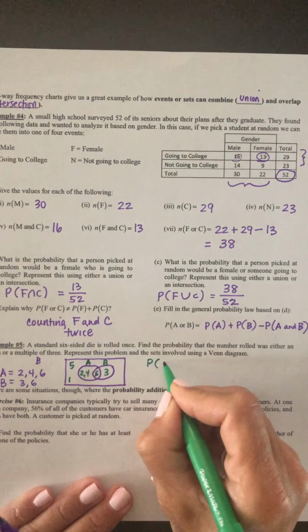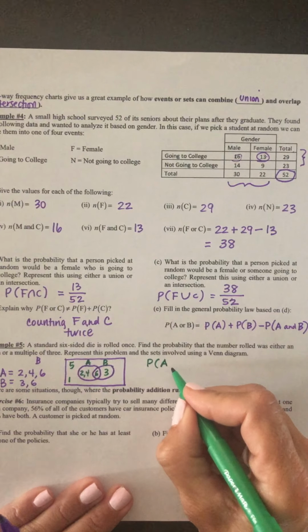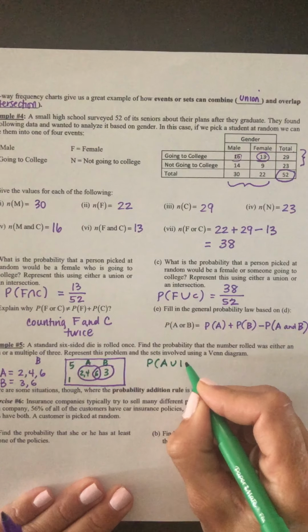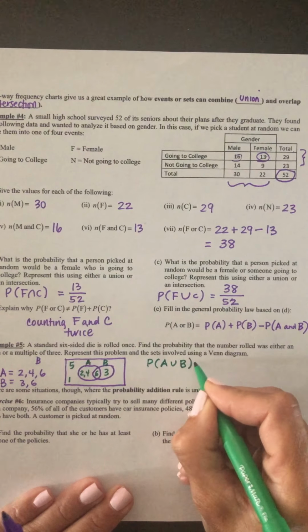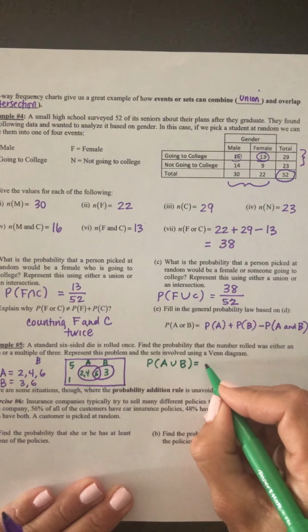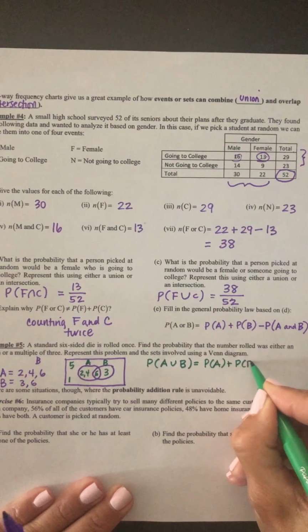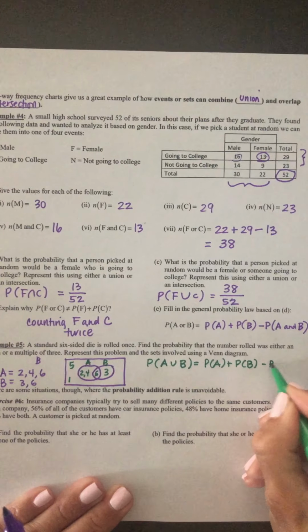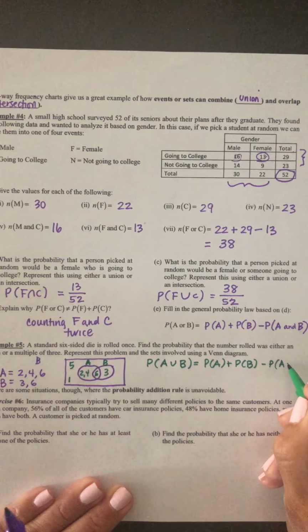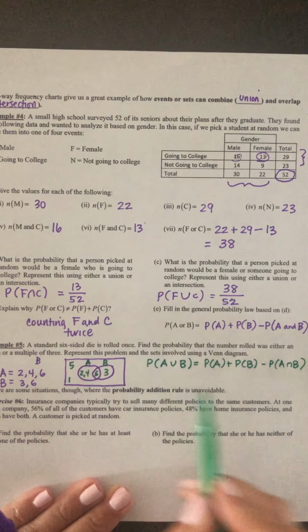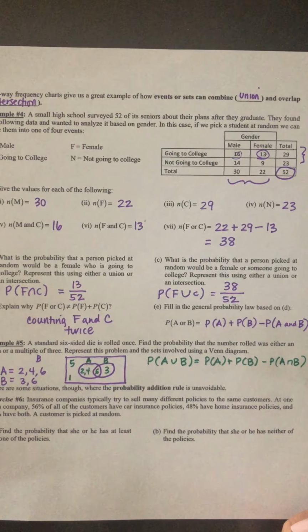Okay, so now let's talk about using the formula. So the probability that you are an even or a multiple of 3. We're going to do the probability of A plus the probability of B minus the probability of both. Or is the union and is the intersection.